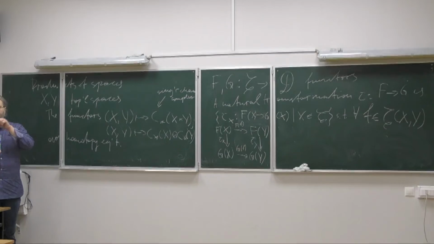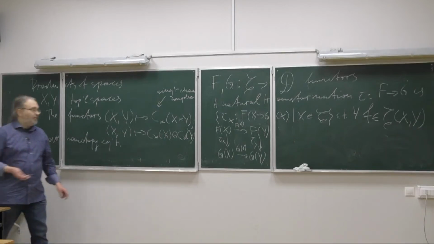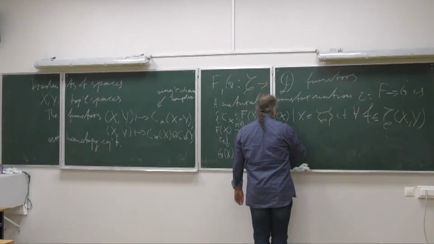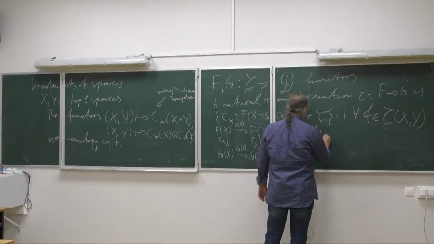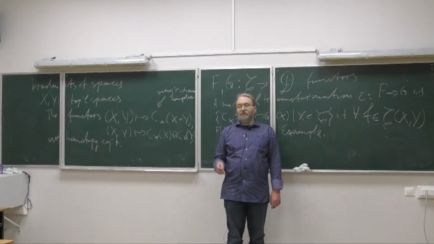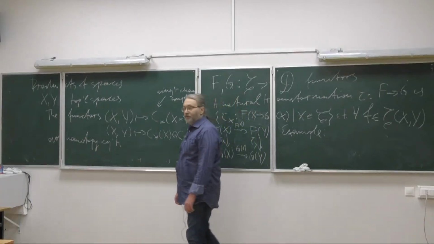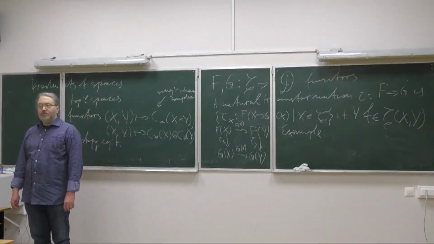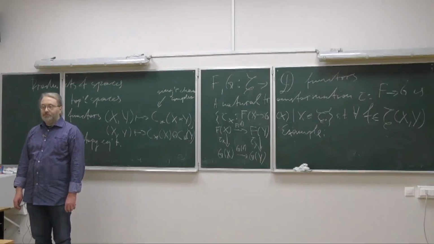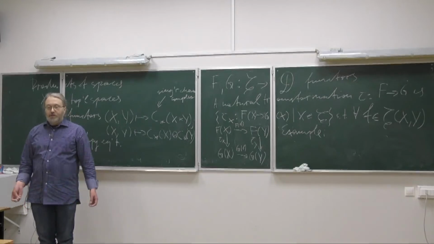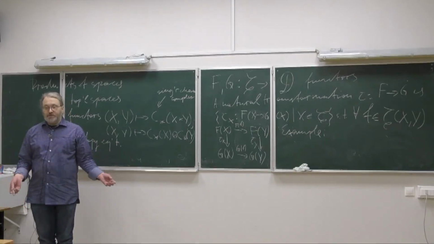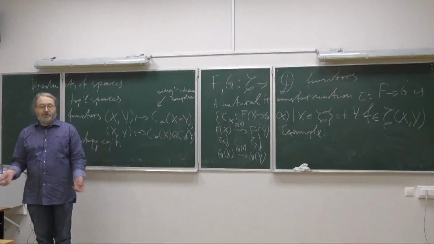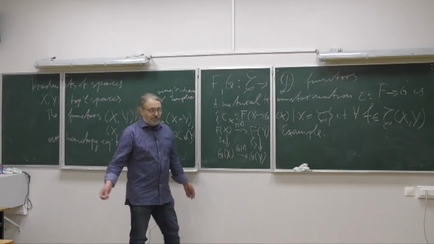Are there any more examples? Just any example of a natural transformation, apart from the identity transformation, which is sort of too simple.